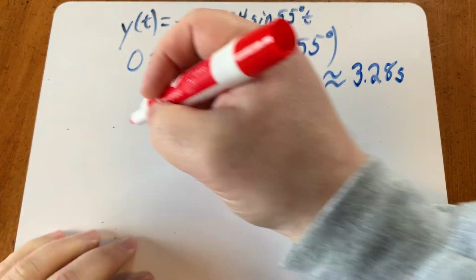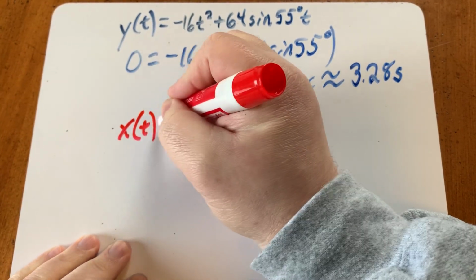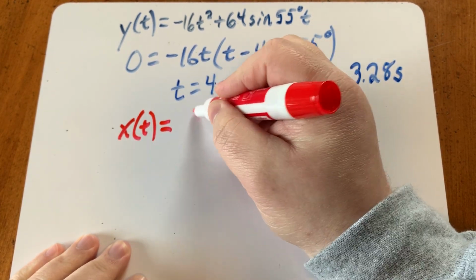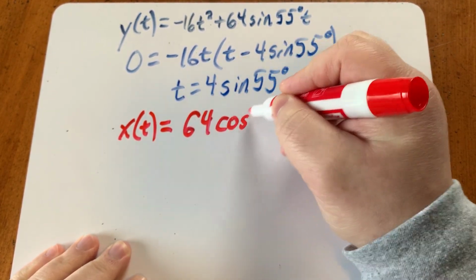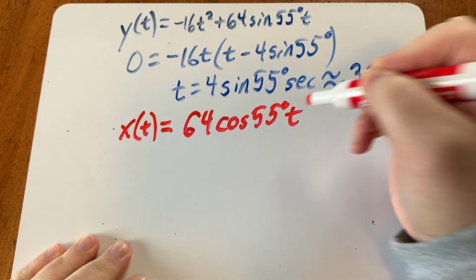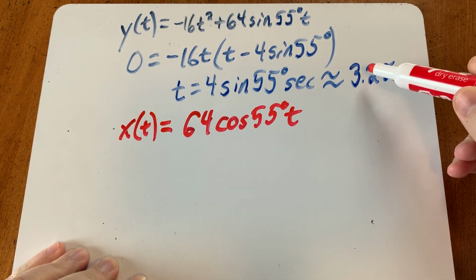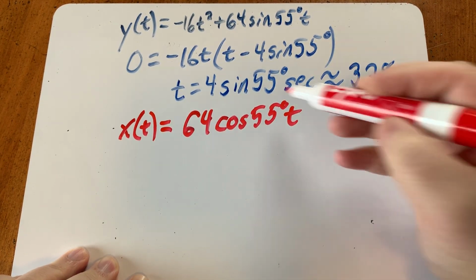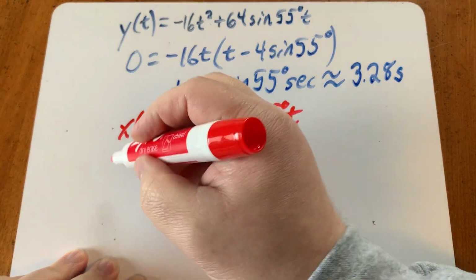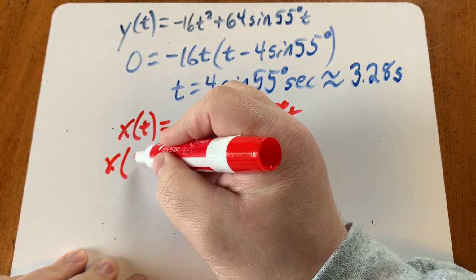So x of t equals 64 cosine of 55 times t. So t when it hits the ground is 4 sine of 55, or 3.28. I'm going to do the 4 sine of 55.